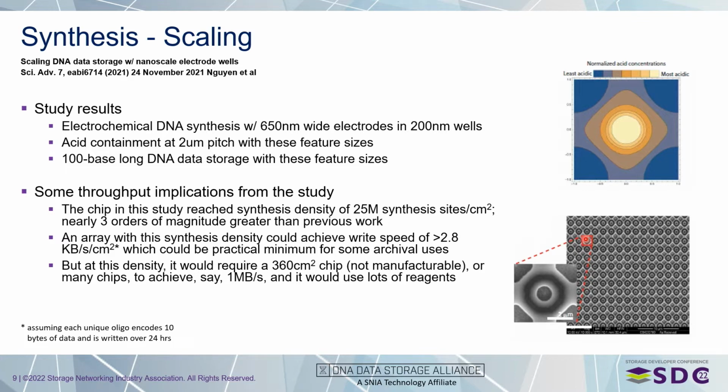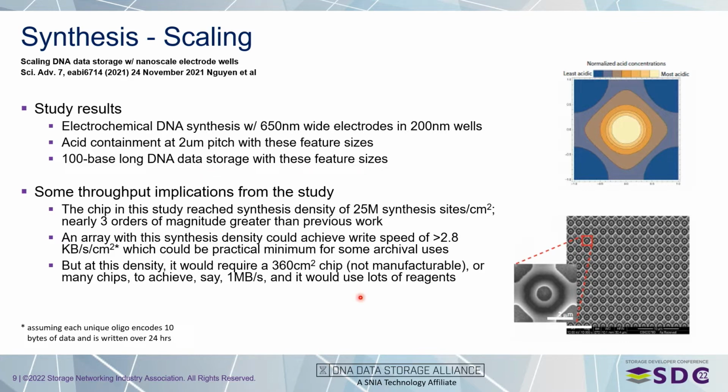So they were able to show acid containment at this feature size, and they were able to build 100 base long oligos at these feature sizes.